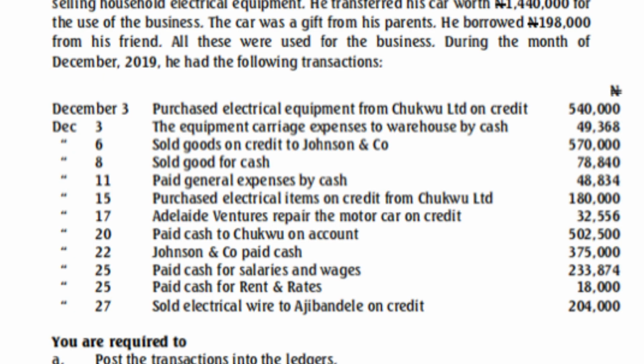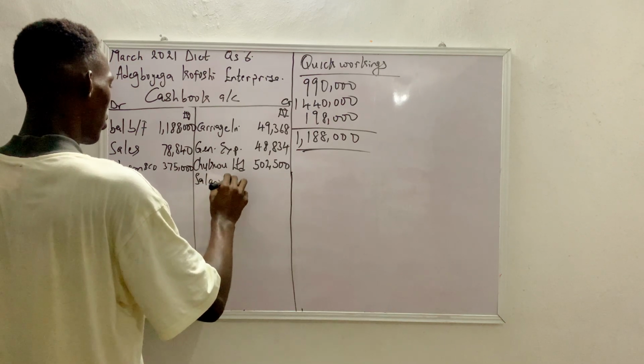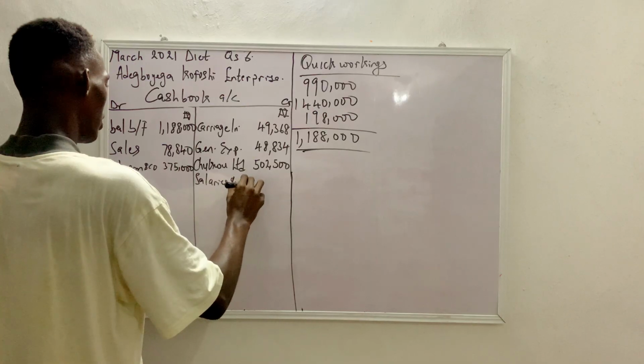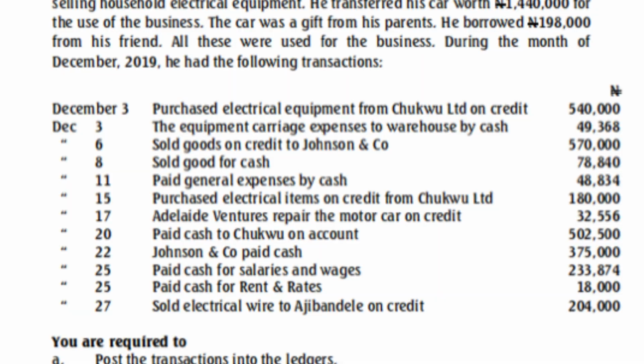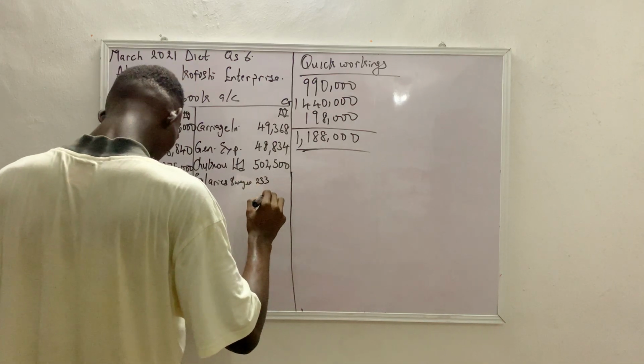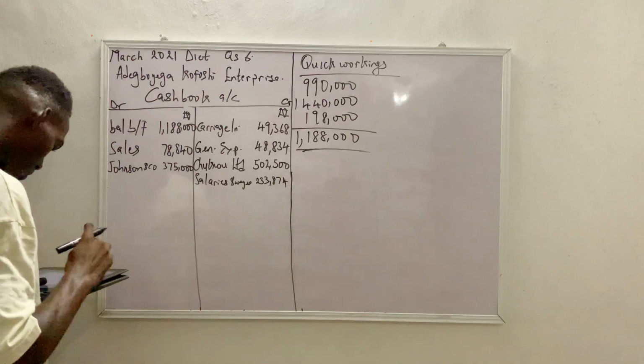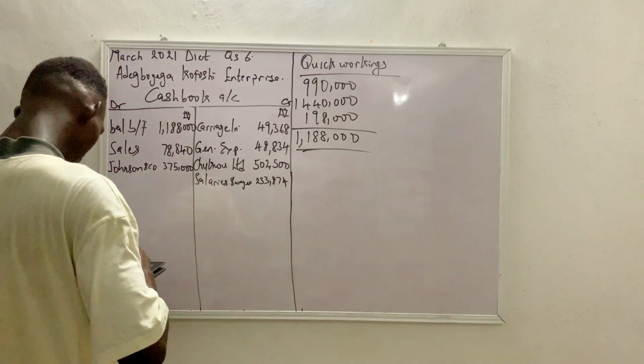Now December 25th, he paid salaries and wages. Salary and wages. How much? That's 233,874. Next, rent and rate.